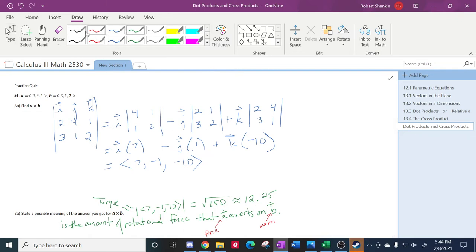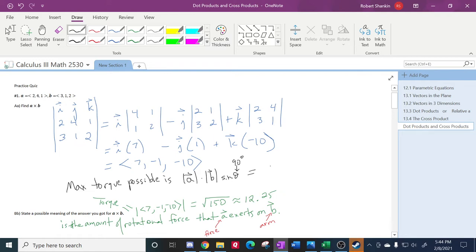So let's write: max torque possible is magnitude of A times magnitude of B times the sine of theta when theta is 90 degrees, and then you're going to get 1 for this portion.